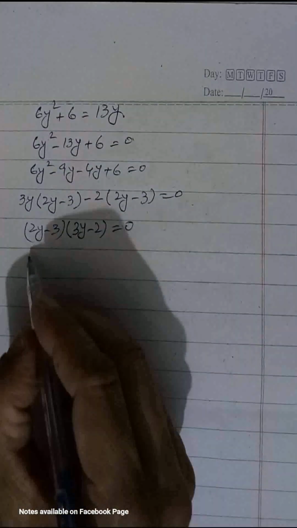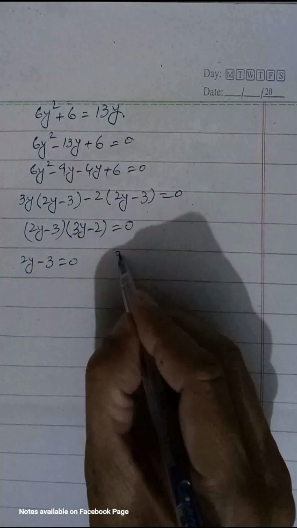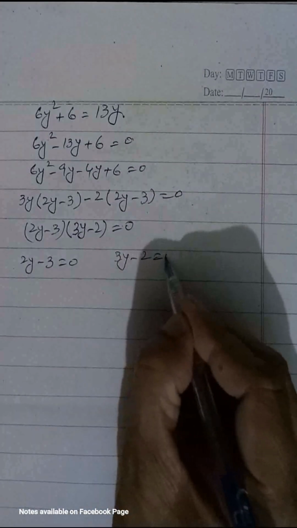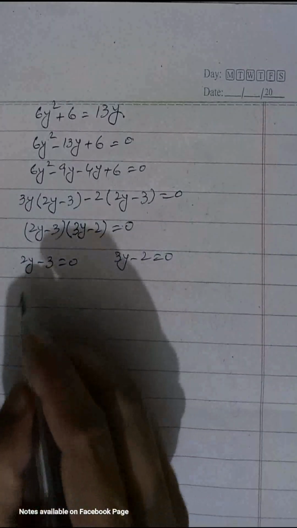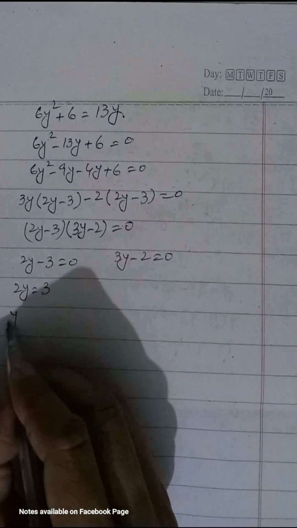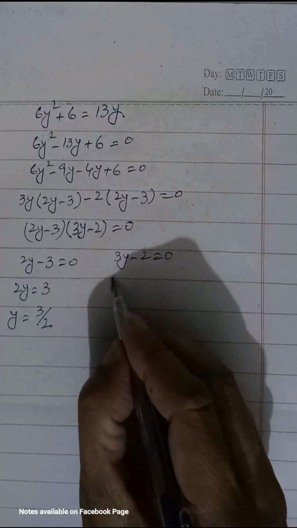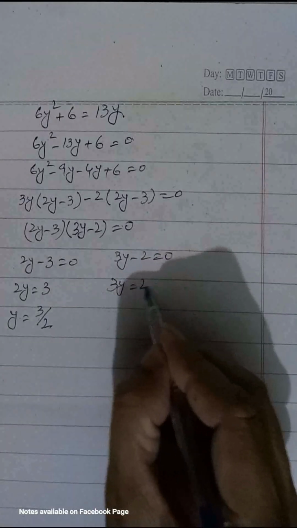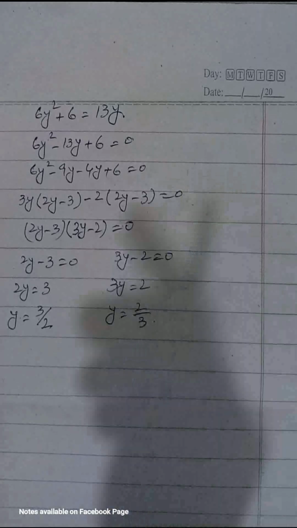Now 2y minus 3 is equal to 0 and 3y minus 2 is equal to 0. Find in both the equations the value of y. 2y is equal to 3 and y is equal to 3 over 2. And on the other, 3y is equal to 2 and y is equal to 2 over 3.